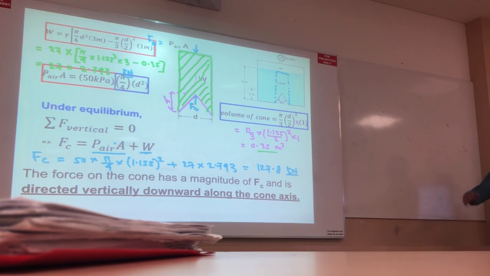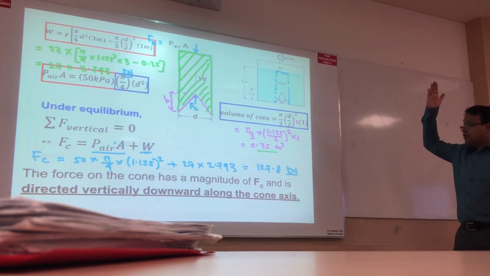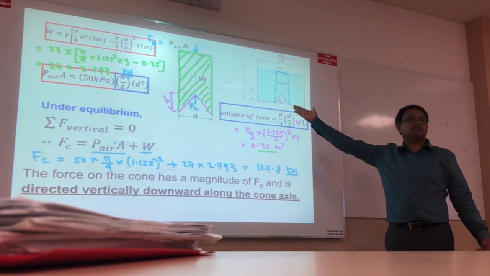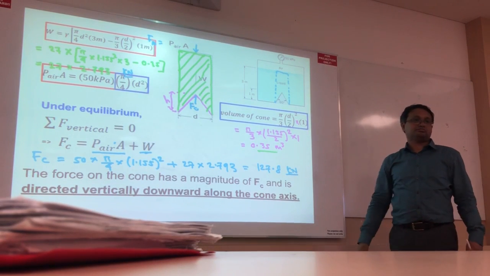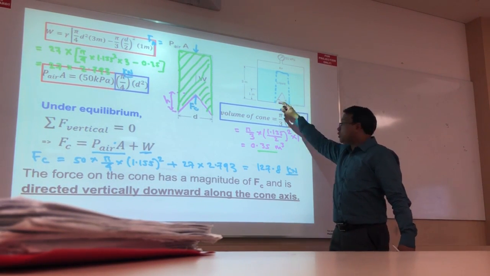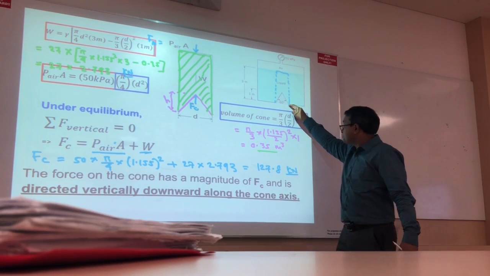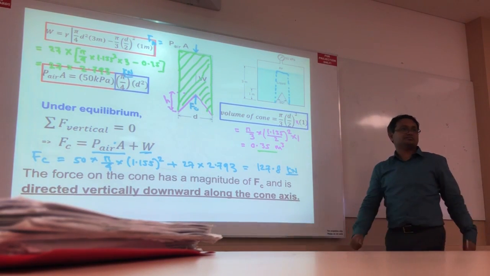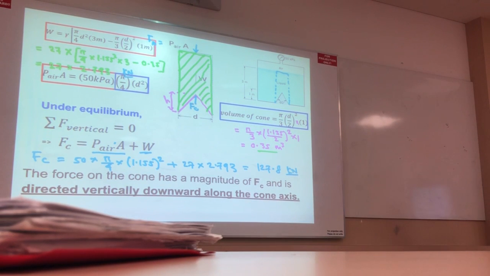They can tell you to find the horizontal force. Zero, because one is this way, one is that way, because this is a curved surface. Alright? This is the understanding.